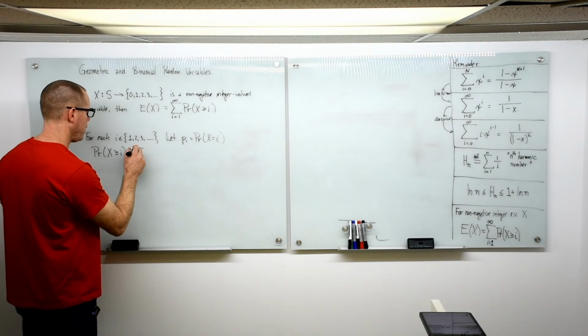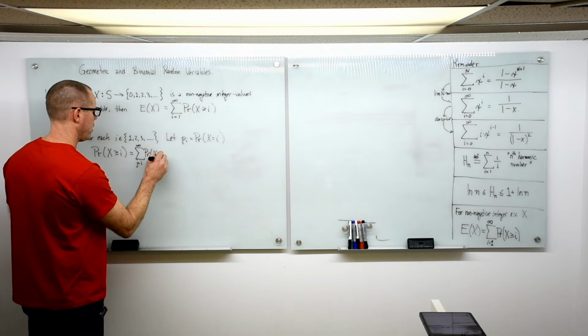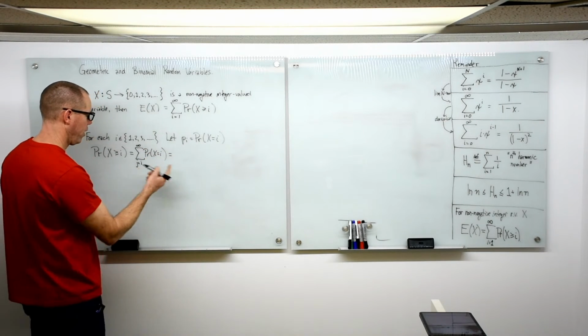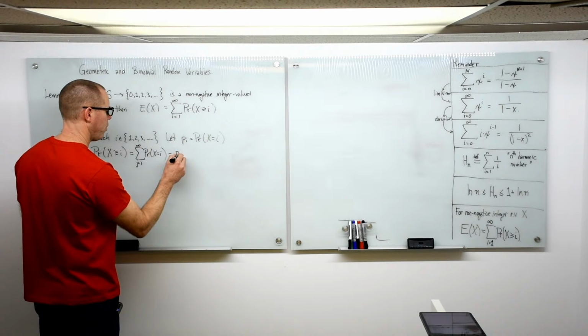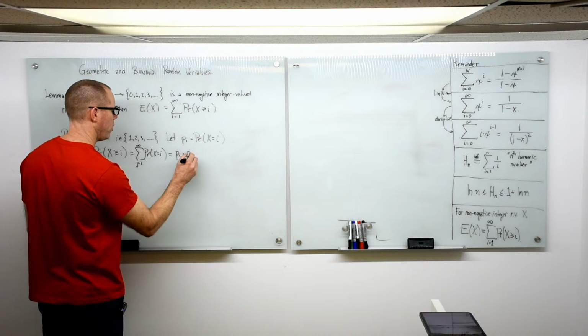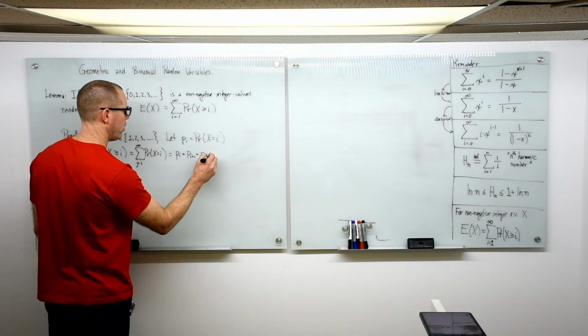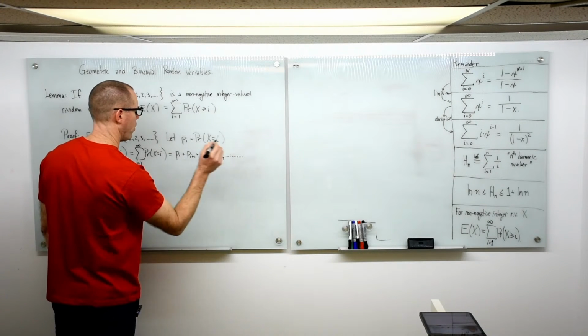That just means this is equal to the sum over j from i to infinity of the probability that X equals j, which, if we write it out longhand, is p_i plus p_(i+1) plus p_(i+2) plus p_(i+3), and so on.